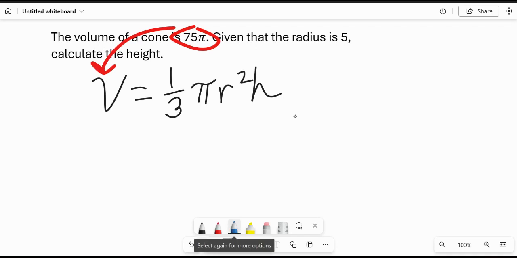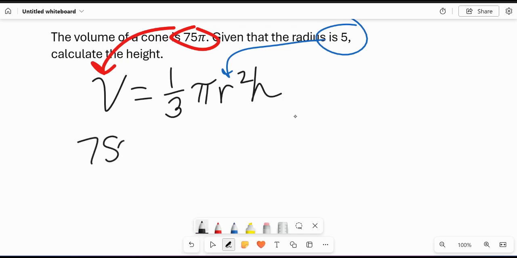Okay. The radius is 5. Now we're going to calculate the height, right? So we have the volume is 75 pi. So 75 pi equals 1/3 pi 5 squared h.